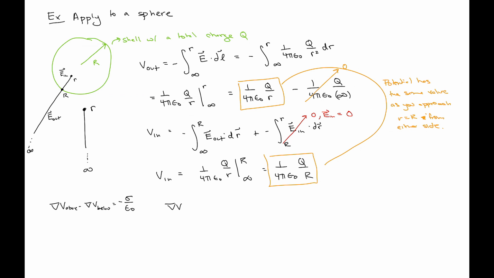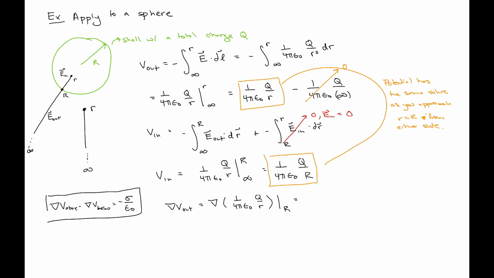I'm going to take the gradient of the potential on the outside of my shell, which is the gradient of 1 over 4 pi epsilon naught Q over R, and I want to evaluate that gradient at that particular surface point, so I'm going to evaluate it at R.